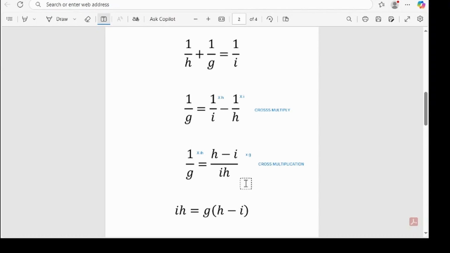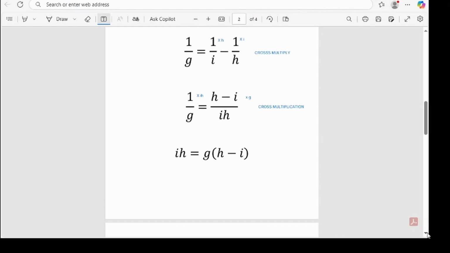So in doing the cross multiplication, we multiplied the far right denominator with the far left numerator, and the far left denominator, which is gen, with the far right numerator, which is h minus I. So you are going to get IH equals gen multiplying h minus I, all in brackets.